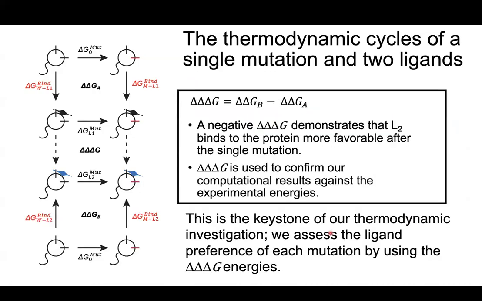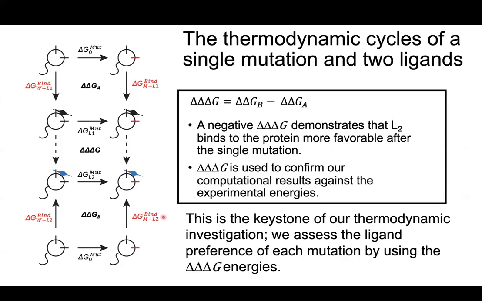Actually, we can also take it one step further. We can calculate the same mutation with a different ligand and take the delta energies here, which means that upon which ligand binding this mutation is more favorable.